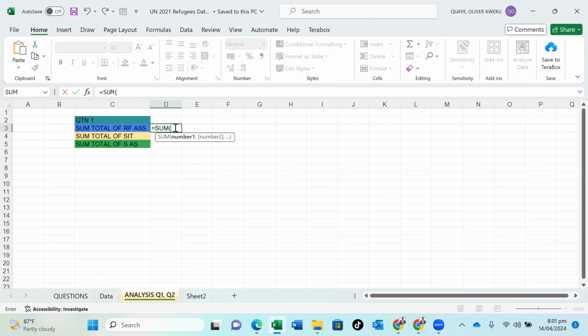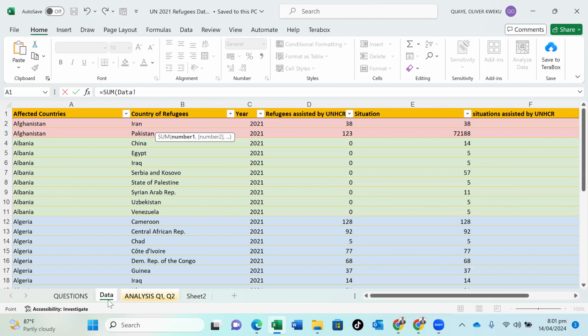Don't touch anything, right? Just drag your mouse, come to your data, where your data is, click on it. When you do that, come to your refugees assisted, right? Because that's the first thing you're going to look for. Just highlight everything, please. Make sure your cursor turns like mine before you do that, right?